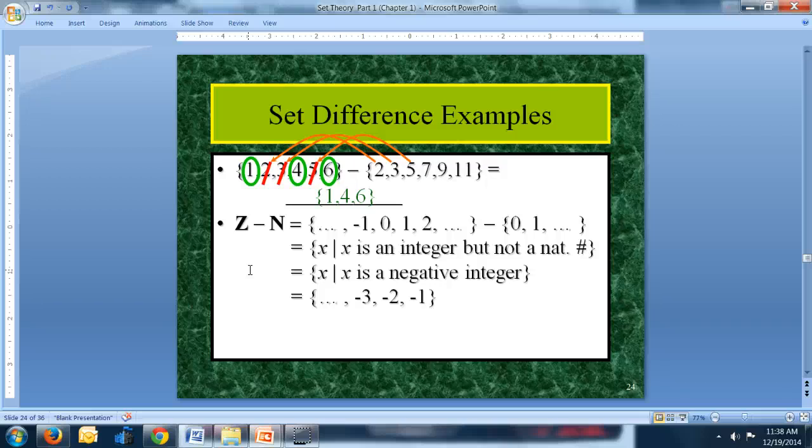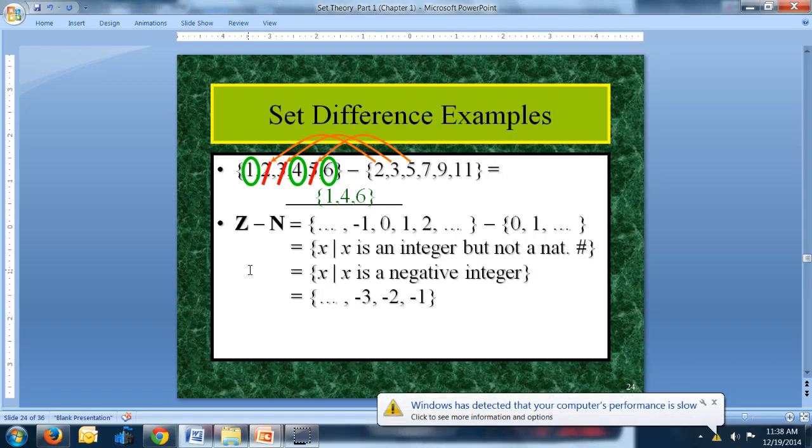So the resulting difference will be the original set minus the elements in B. So A minus B will have 1, 4, and 6.